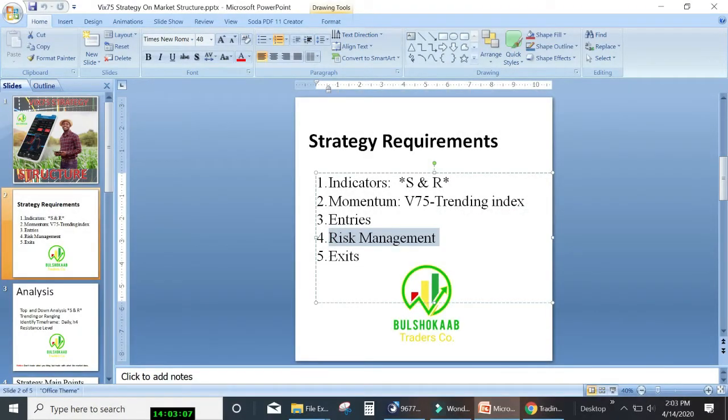In number 5 is the exits. It is also good for a trader to know when to exit a placed trade.